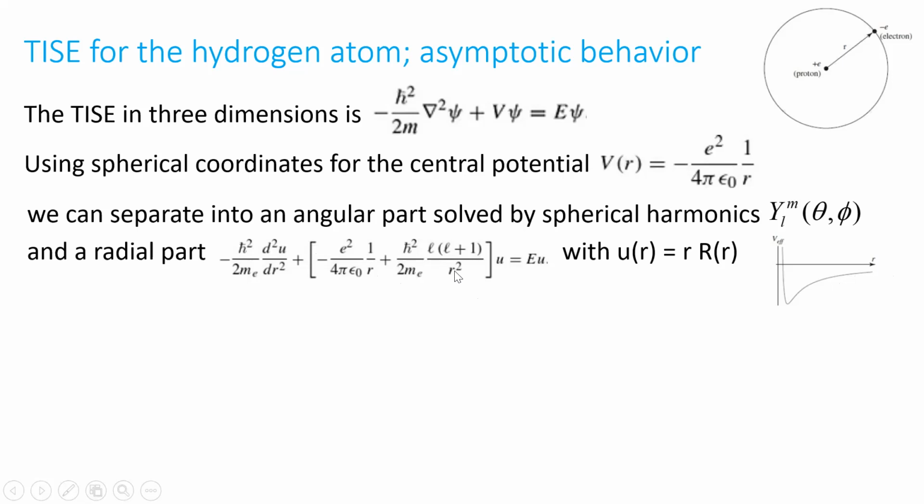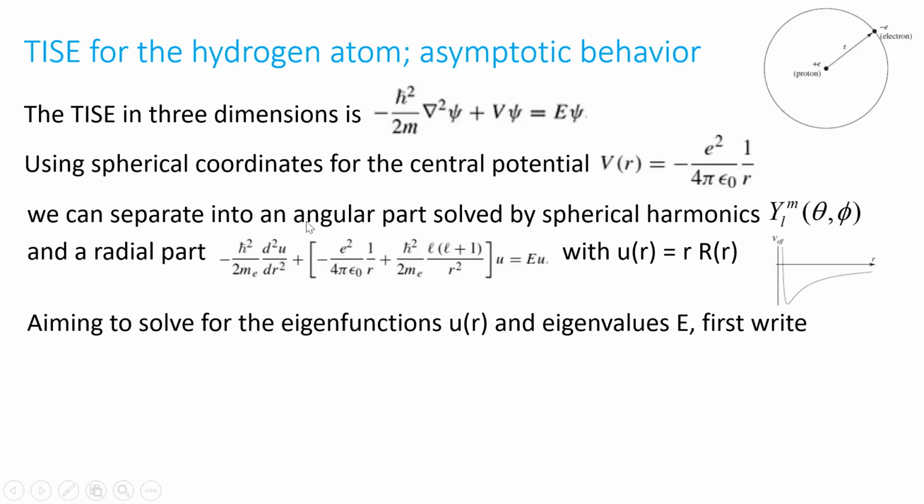And as r gets small, 1 over r squared dominates over 1 over r. And so it shoots up and goes to plus infinity as r goes to 0. So we actually have a minimum in this potential here. And this is called the effective potential, V effective. That's this term in brackets here. So that's the potential we're dealing with and trying to solve here.